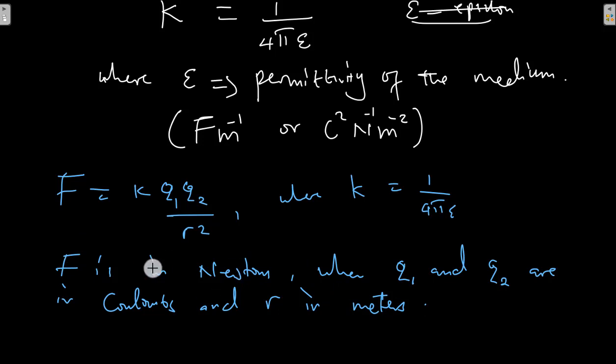So this is very important. Every time we use Coulomb's law for numerical problems, we have to make sure Q1 and Q2 are measured in coulombs or converted to coulombs, and we also have to make sure that r is measured in meters.